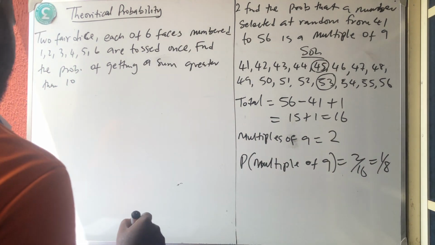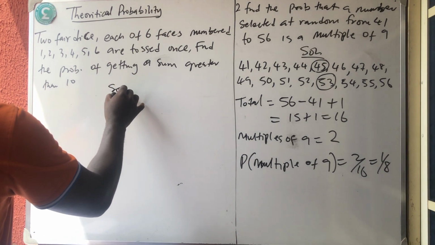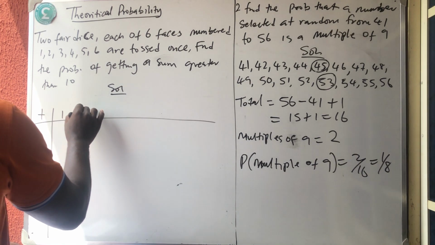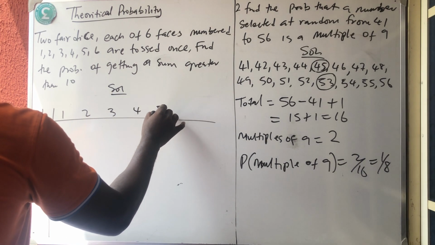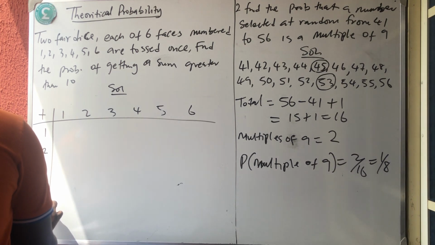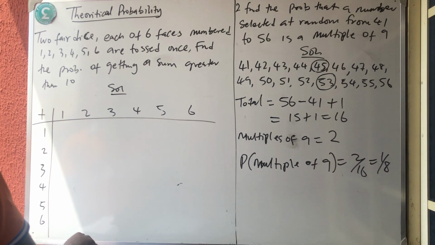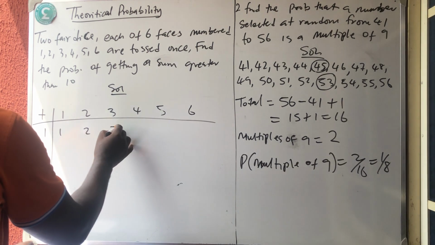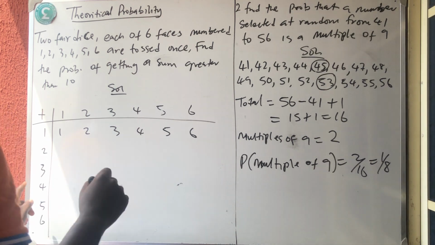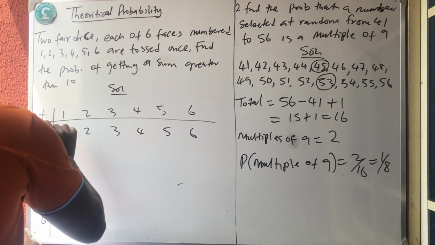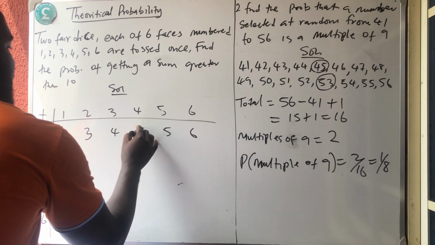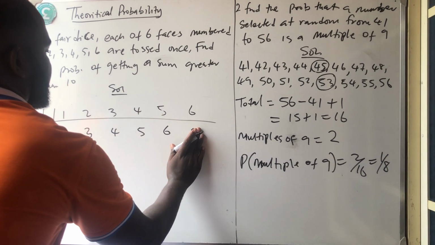Okay, solution, just draw it. Plus, I have 1, 2, 3, 4, 5, and 6, and I still have the same 1, 2, 3, 4, 5, and 6. Alright, let's get the sum. 1 plus 1, 2, then 3, 4, 5, 6, 7.